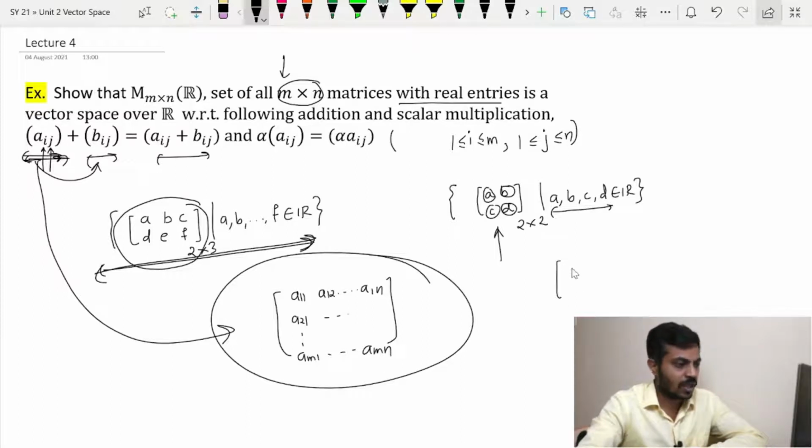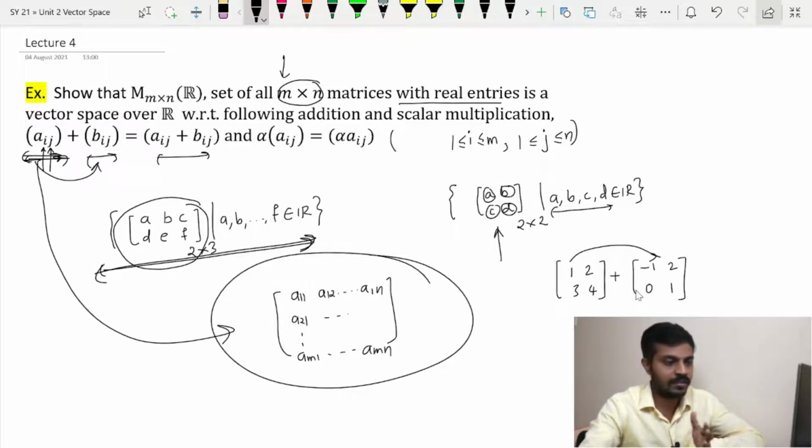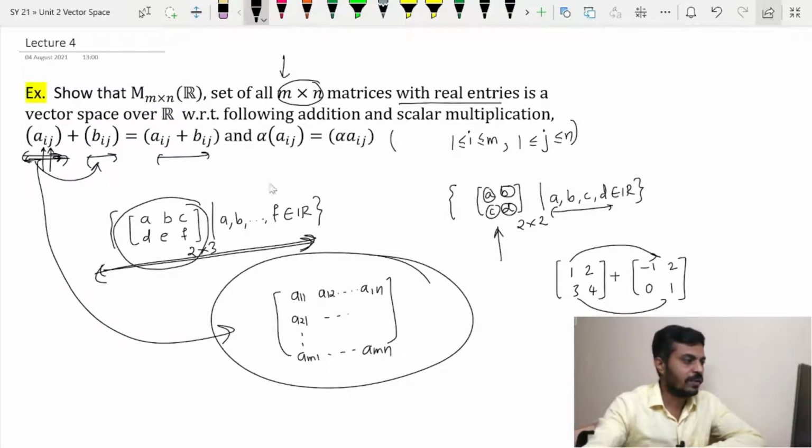Suppose you have a matrix of order 2 by 2 somewhat like this, and another matrix like this, and how have we added them? Simply component wise, or entry wise. So this will be 0, 2 plus 2 will be 4, and 3 plus 0 will be 3, and so on. And now the question is, how is scalar multiplication defined?